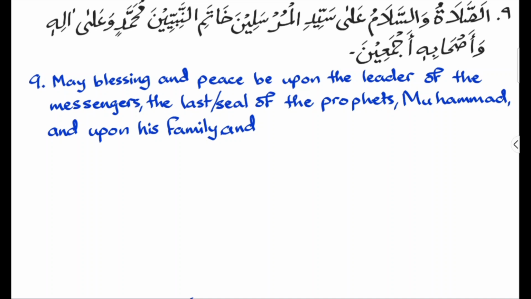So أصحابه, that's a mudaf ilayh. Ashab is mudaf, he is mudaf ilayh. That means his companions. Ajma'in means all of them. If you say his companions, all of them, that would sound weird. So you say and all of his companions. So that's the last sentence of the book.